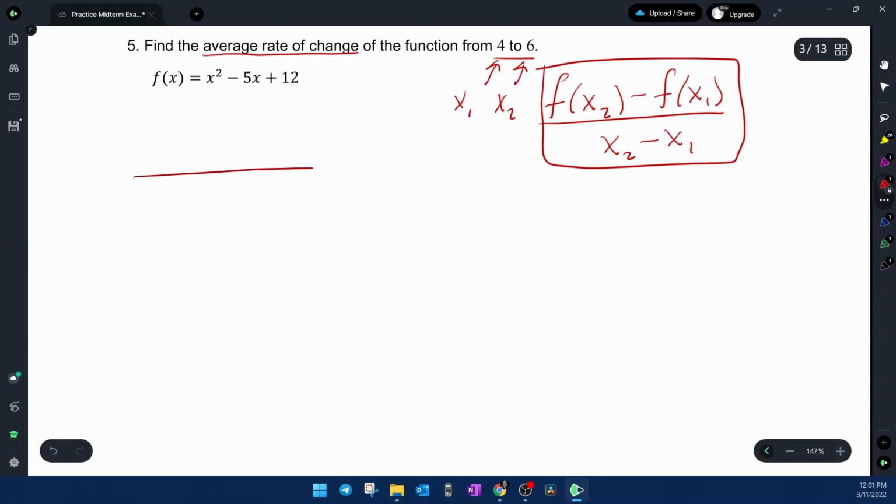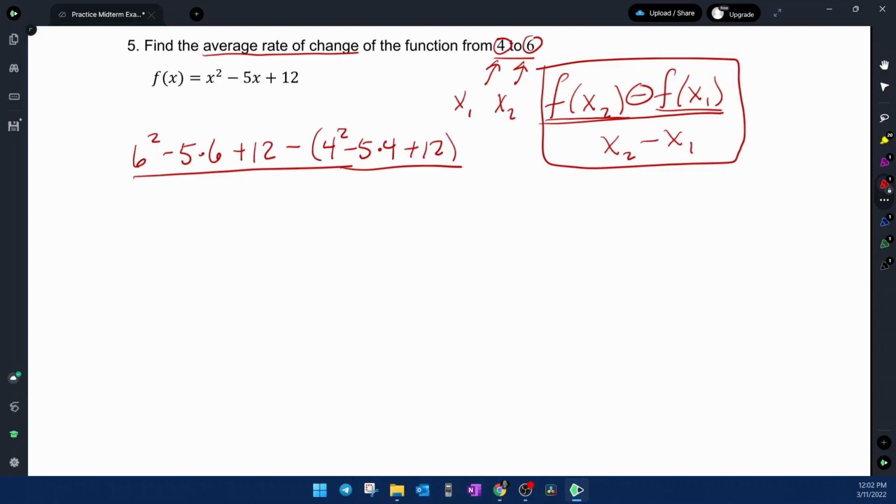In the numerator, we're going to have to evaluate the function at 6 first. So that will give me 6 squared minus 5 times 6 plus 12. The formula then has a minus. And then we need to evaluate the function at 4. So that would be 4 squared minus 5 times 4 plus 12. And that is all over 6 minus 4.